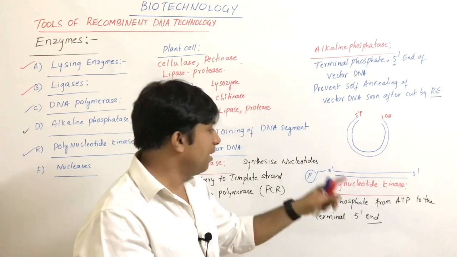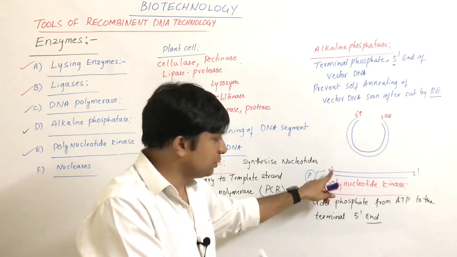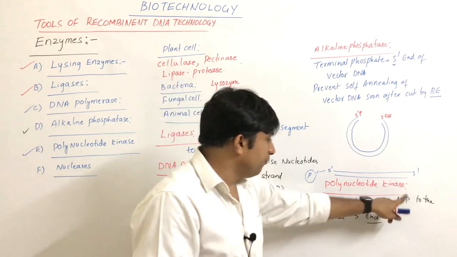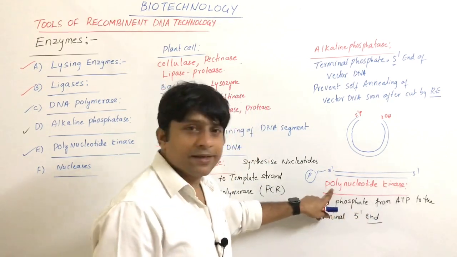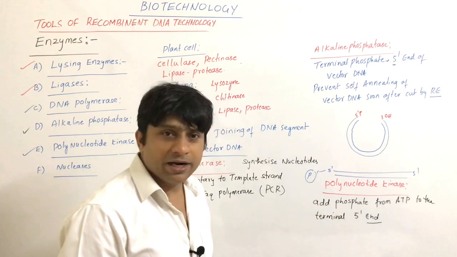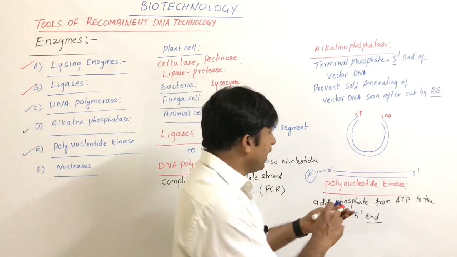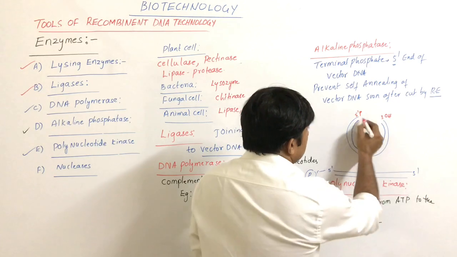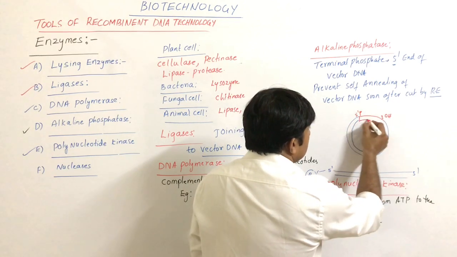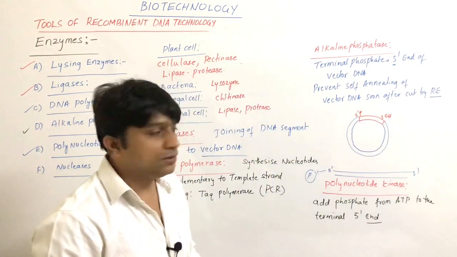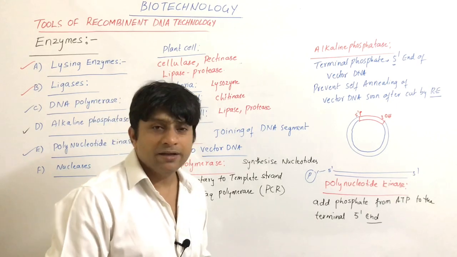Okay, so after adding our gene of interest, once again the phosphate is added, which is catalyzed by the polynucleotide kinase, and so once again this vector DNA will be closed. So this is what polynucleotide kinase is.